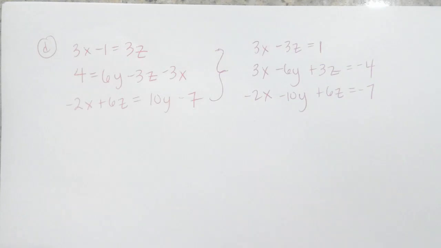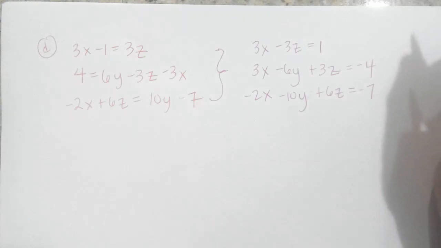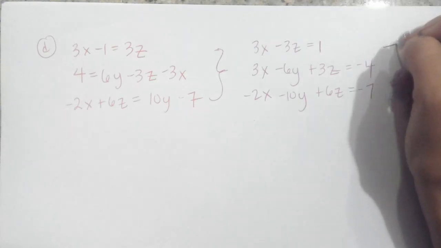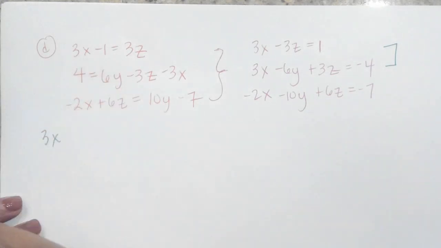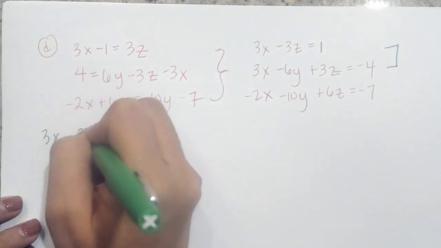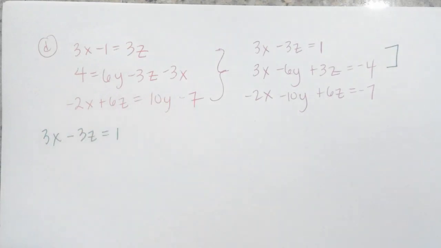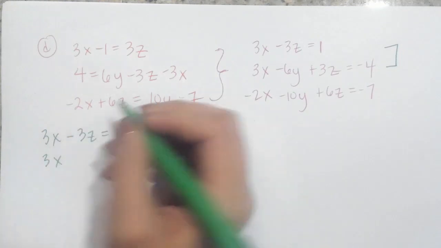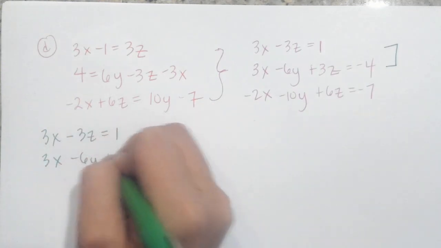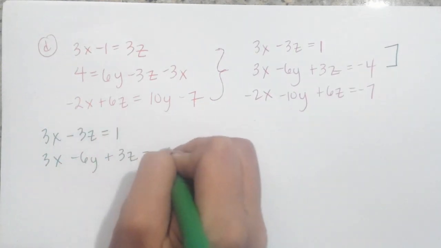So now I have my x's, my y's, my z's lined up, so I'm going to compare. The first thing I'm going to do is compare the first two equations, so I'm going to rewrite. So I have 3x minus 3z equals 1. And then 3x minus 6y plus 3z equals negative 4.